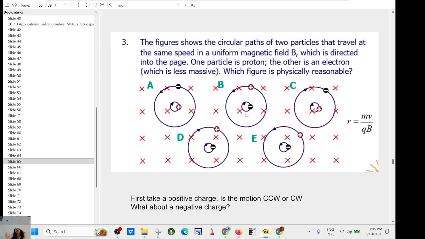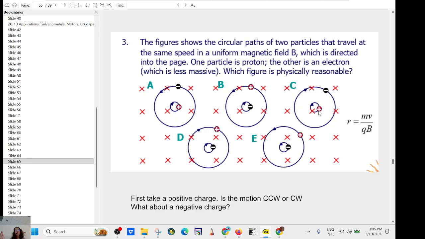Which one is easy to steer? The electron is easier to steer, right? So it should be A or C, okay? Because the proton has more mass.